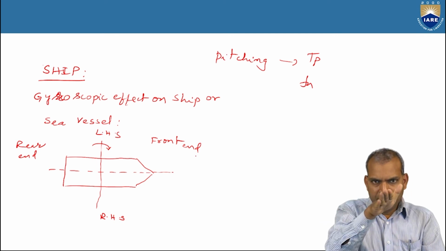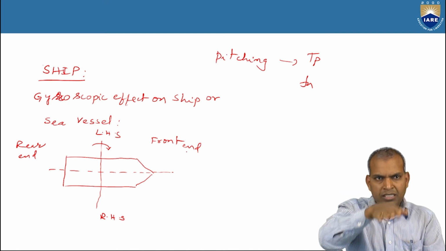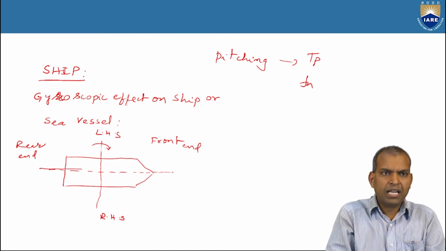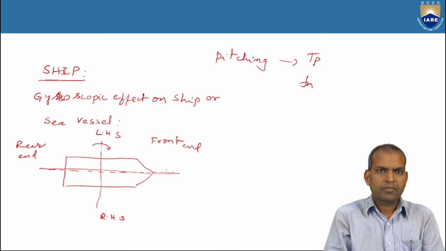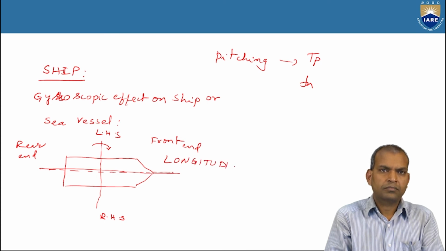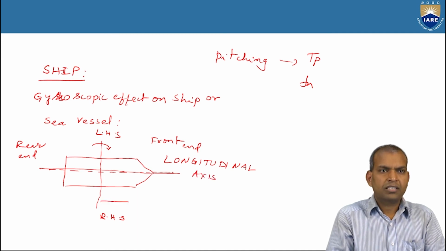Next, rolling. This is called rolling, the motion. The motion about the longitudinal axis is called rolling. This is the longitudinal axis.